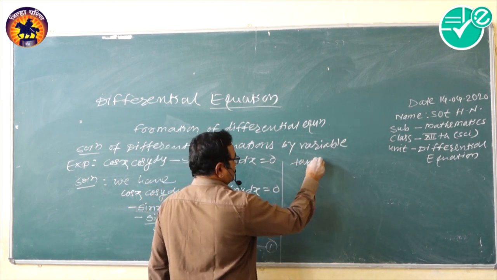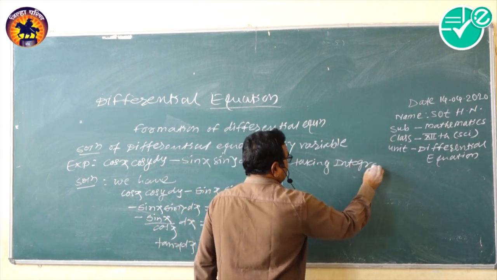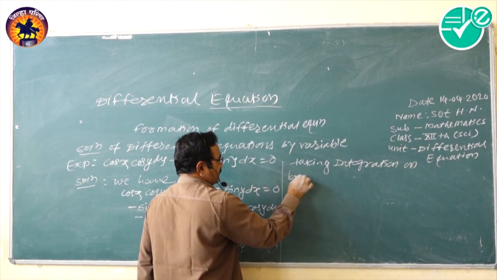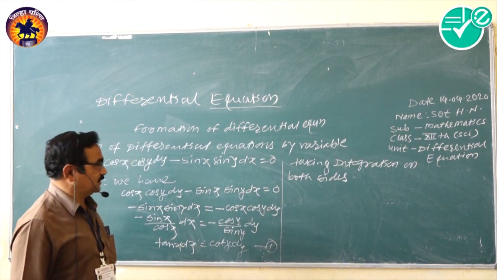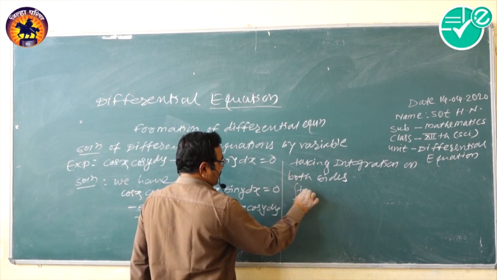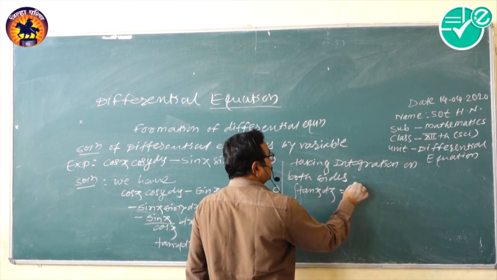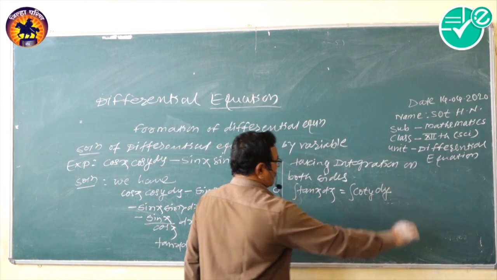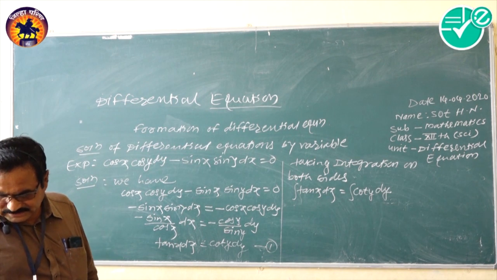Taking integration on both sides. Integration of tan x dx equal to integration of cot y dy.